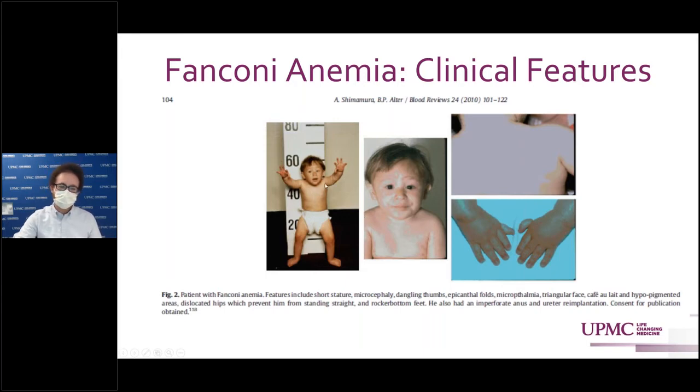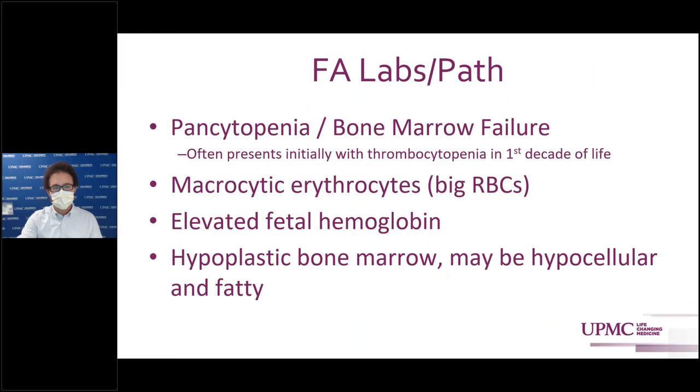You can have some abnormalities, like I mentioned before, to keep note for TAR that have normal thumbs. These kids tend to have abnormal thumbs, where they have these dangling thumbs, or you can see these thumb abnormalities here. They tend to have smaller heads and what can be described as a triangular face, if you can sort of see that. And this doesn't really project well, but you can have some different skin lesions as well throughout this, plus several other things as well.